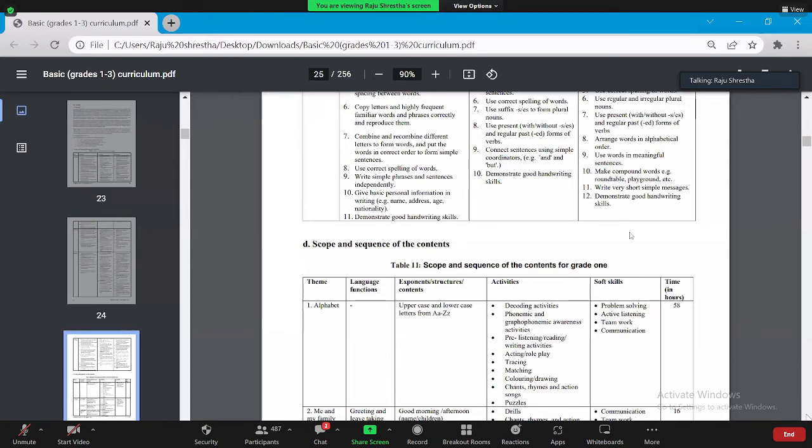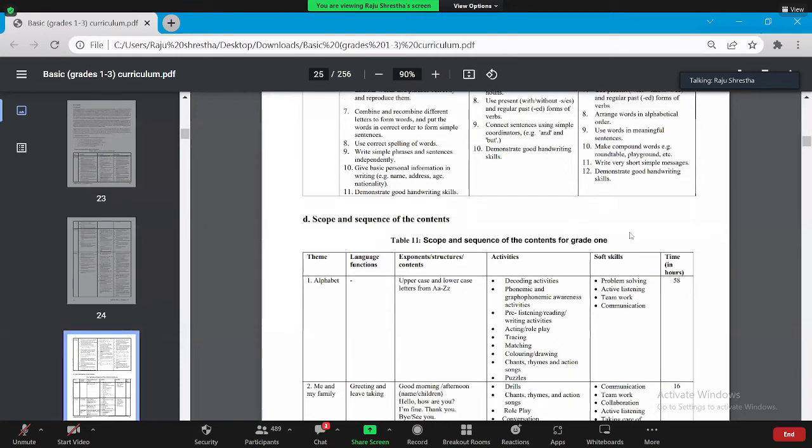We can talk about them, but the soft skills at lower secondary level are implied, a kind of suggested, hidden type. Here the soft skills mentioned are problem solving, active listening, teamwork, communication in chapter 1.